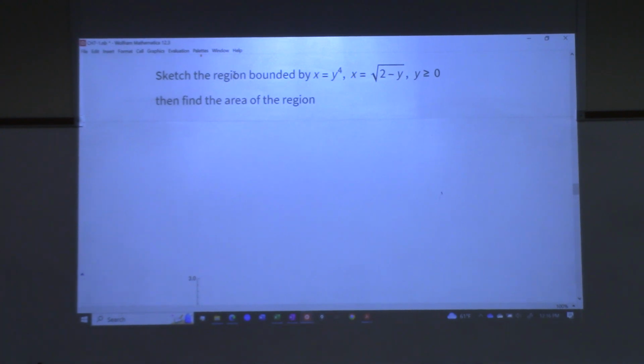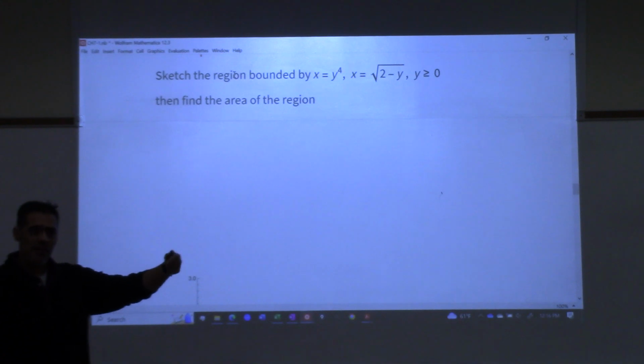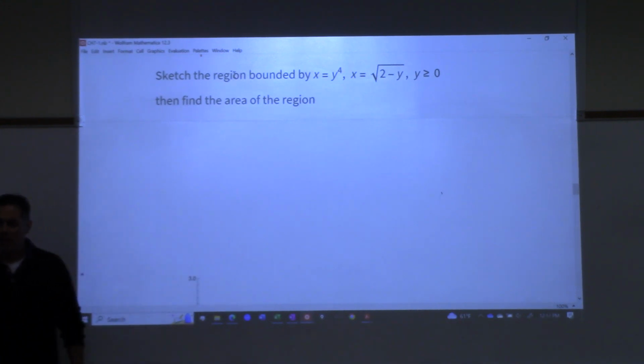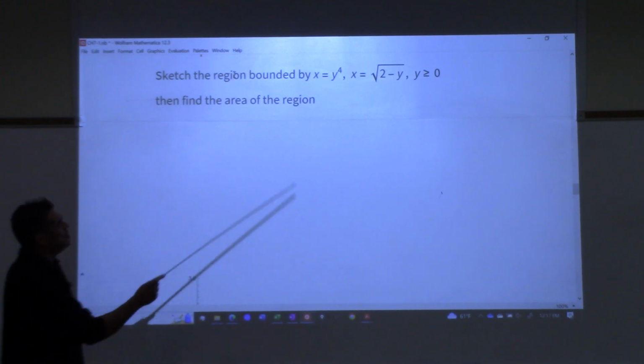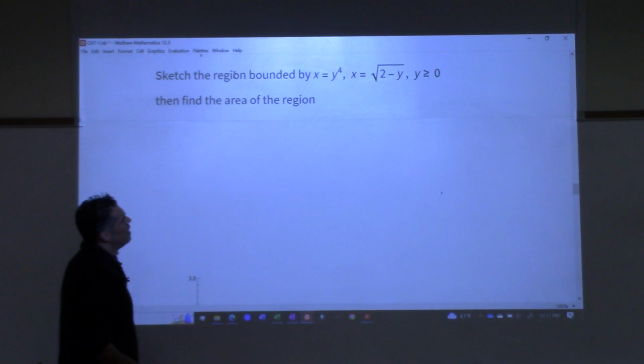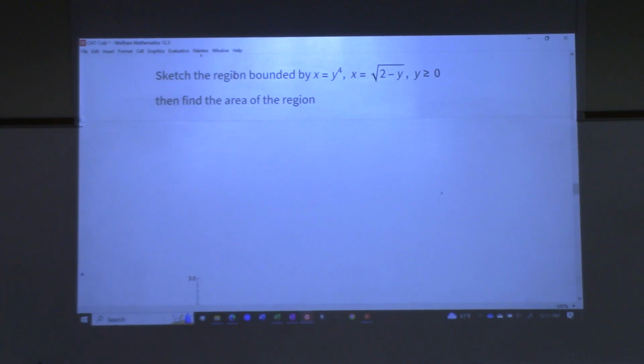If it's solved for y, if you see y equals something with x's, those are functions of x. If you see x equals and then a bunch of y stuff, then those are functions of y. So we have 2 functions of y, and then we have this other restriction that y must be greater than or equal to 0. So it already tells you you're going to be horizontal, basically. It's kind of leaning that way.